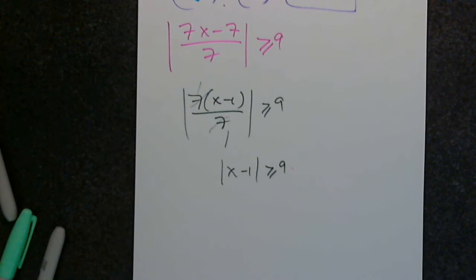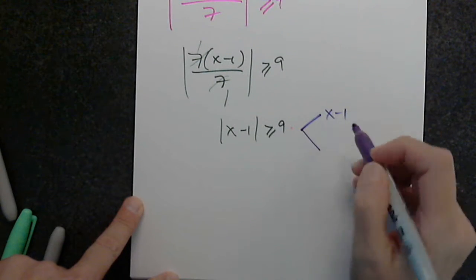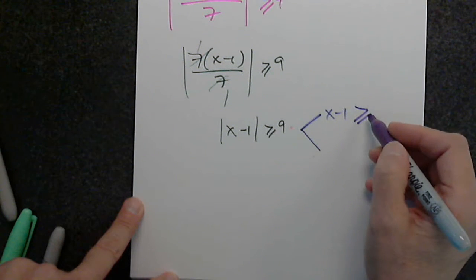What do I change it into? Give it absolute values. How? So you do the opposite value of your. So x minus 1 is greater than or equal to negative.